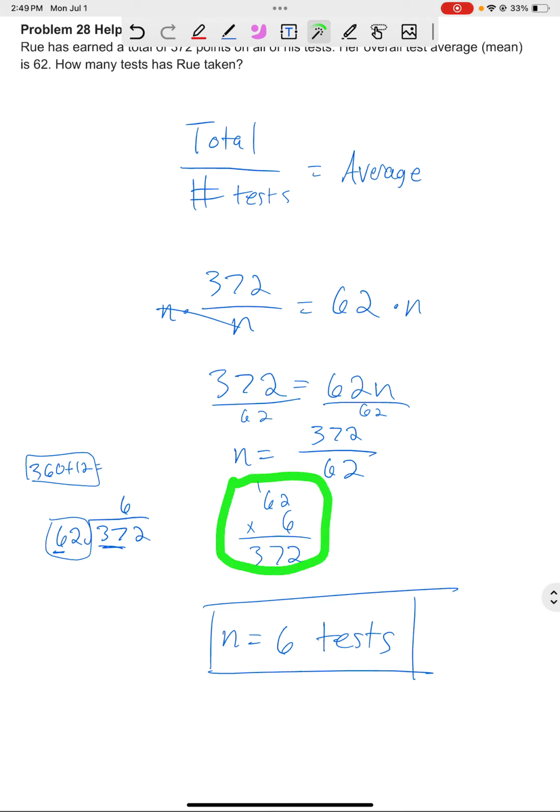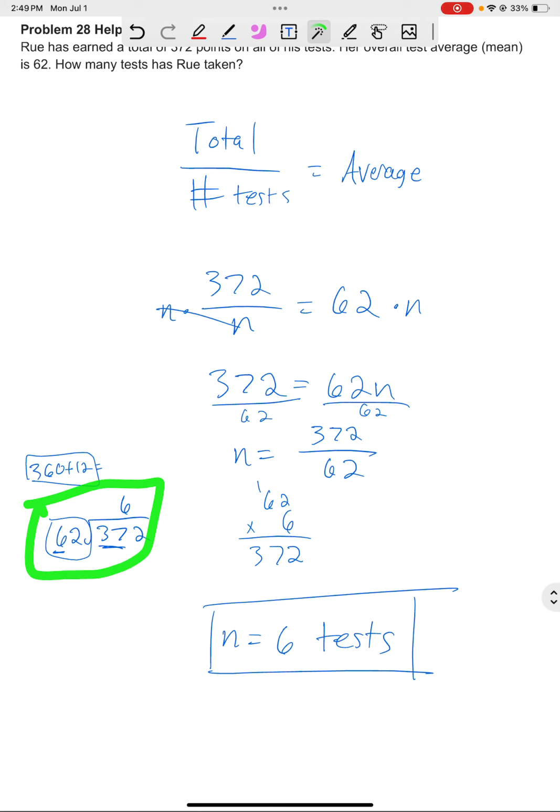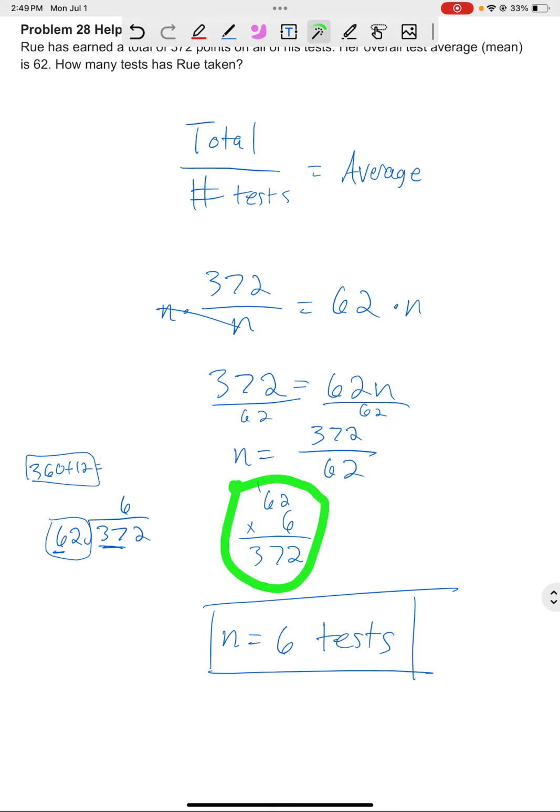Now, the problem is if you try some trial and error, what if it hadn't been a whole number? Then you'd be in a problem. You'd have to return to the long division. But since it is a whole number, it ended up being exactly the way it would work if you were to do trial and error, where you just picked a whole number, like 6, and multiplied it by 62.